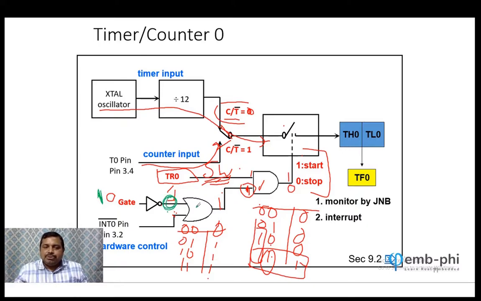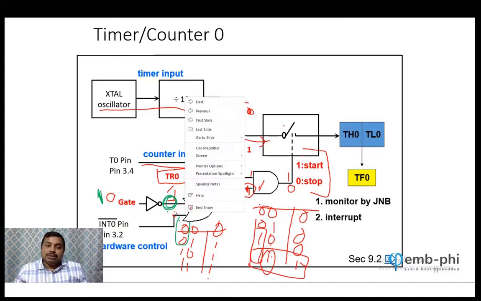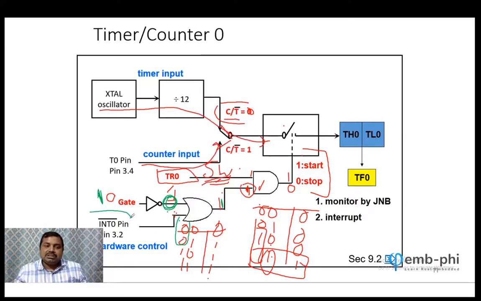So it means this is an OR gate, one input becomes 0. If I want 1 here, then this pin must be 1. How does this pin become 1? This is external control. That's why we say hardware control. When hardware gives 1, then only I will get 1. If hardware gives 0, this will be 0. It means it went to external control.